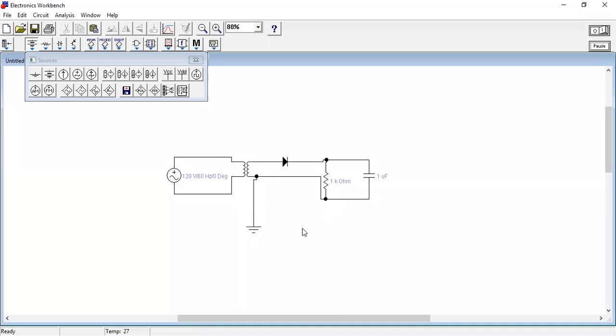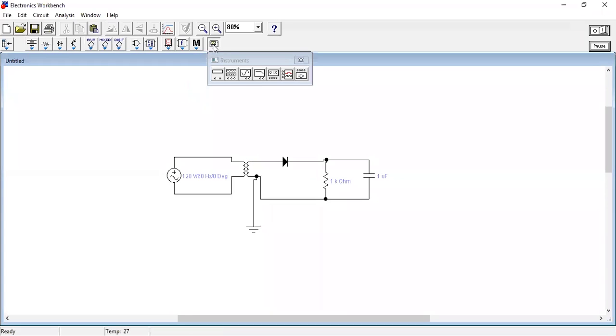And to find the output and input waveform, we want a CRO, that is the oscilloscope. We can find it in the instruments, so we can take the CRO.